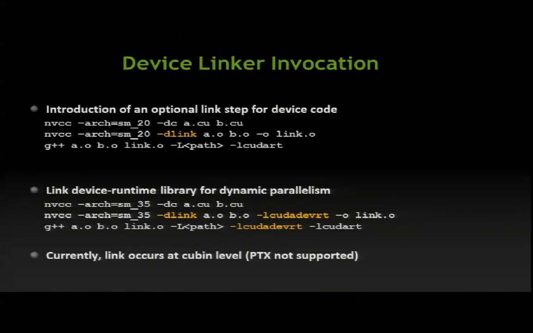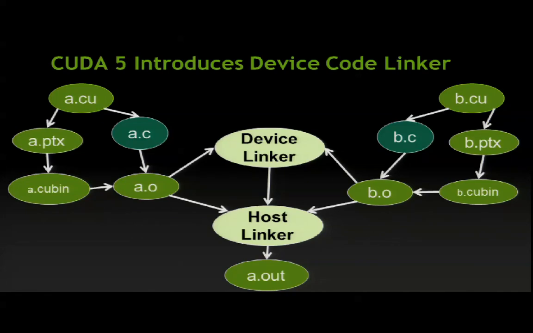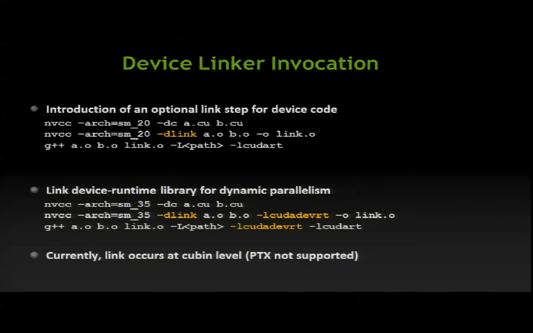How does it look in practice? If you remember this picture, we have the two source codes, A.cu and B.cu, and we want to link them together. In the first step, we compile A.cu and B.cu, and what you would do on the CPU side is provide the -c flag to tell the compiler it should stop after compilation.